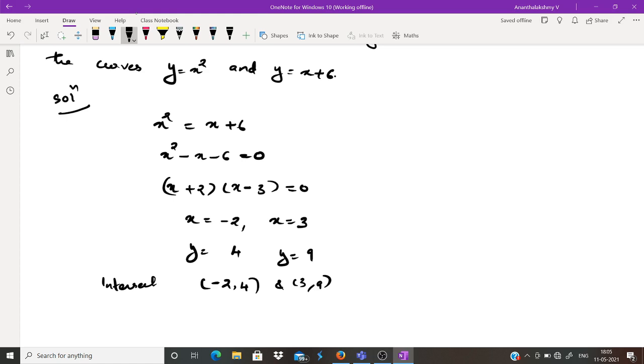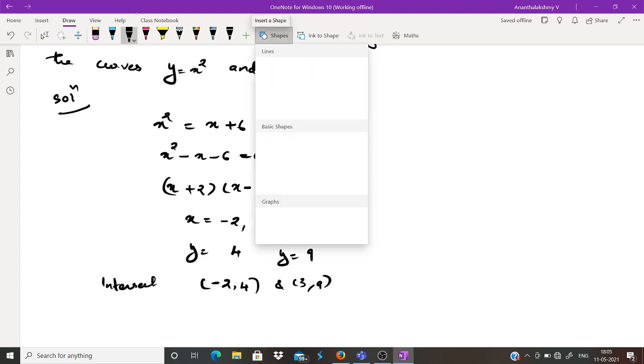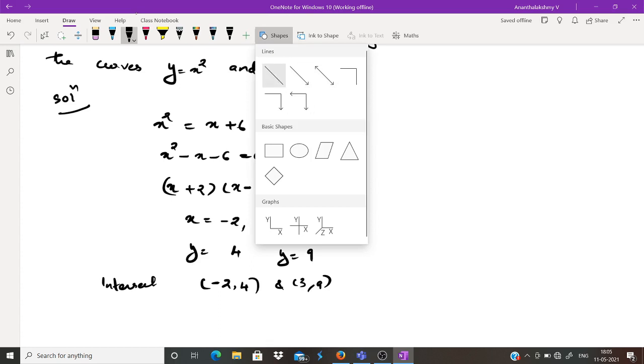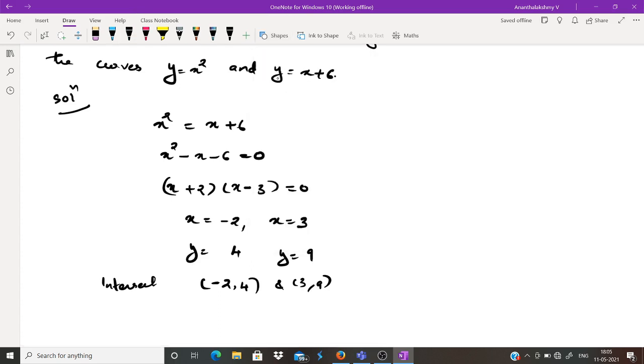So it will be helpful for us if we draw. This is the x-axis and this is the y-axis. x equal to minus 2, x equal to 3, somewhat a rough figure.